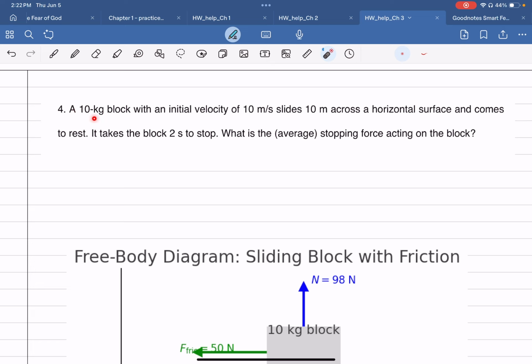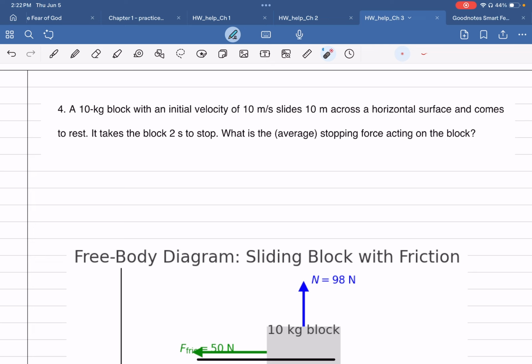You have the mass of the object, the initial velocity, which is v naught, and the distance it's moving. We're going to take it as delta x because it's on the x-axis, a horizontal surface. You also have the final velocity, which is 0, and the time. And you're asked to find this force.